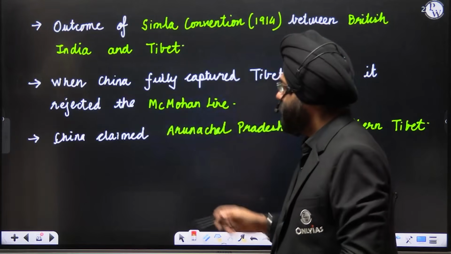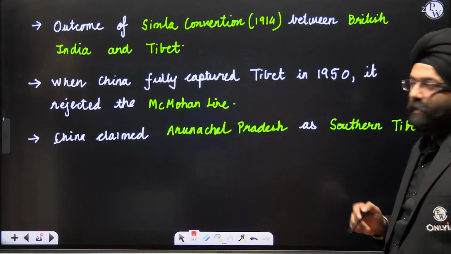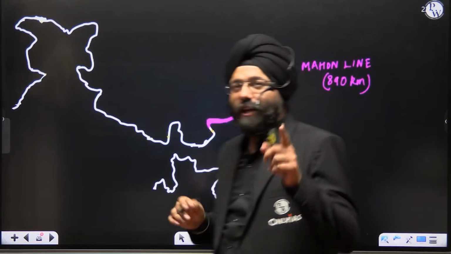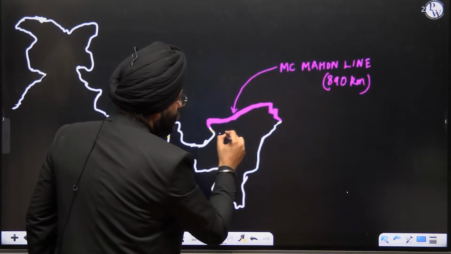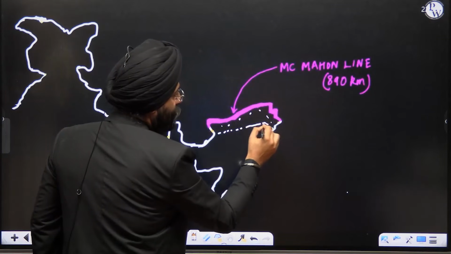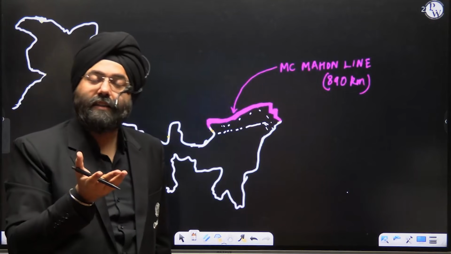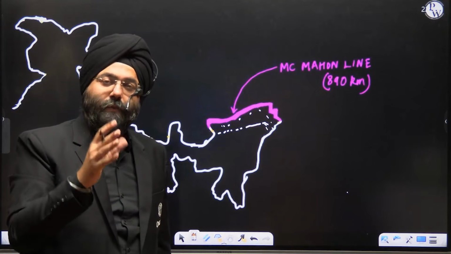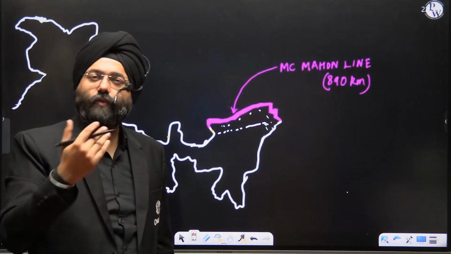So what happened? China claimed Arunachal Pradesh as southern Tibet. So what is China doing right now? China is saying that this particular region of Arunachal Pradesh is southern Tibet. They claim it on the premise that the people of Arunachal Pradesh have a similar cultural association as that of China, and that is why it is part of southern China.